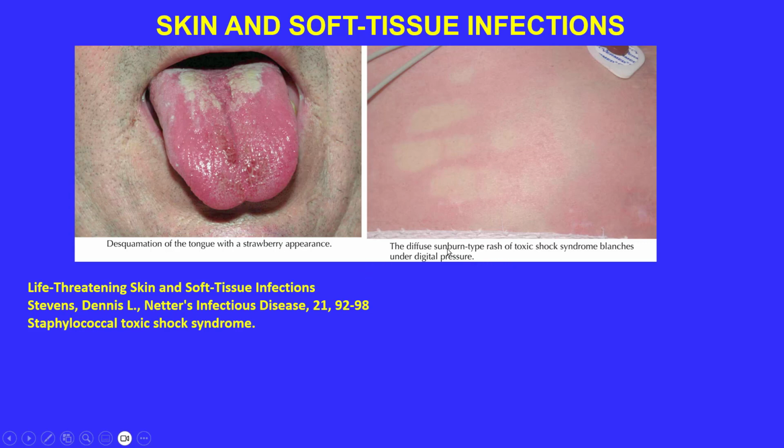You will have a sunburn type rash with TSS as it blanches under digital pressure. So you can see where the fingers are, or even the creases of the fingers. Okay? But still, there's damage to that skin.